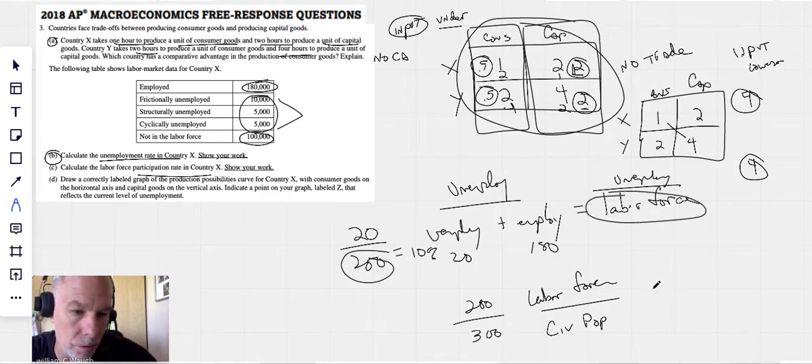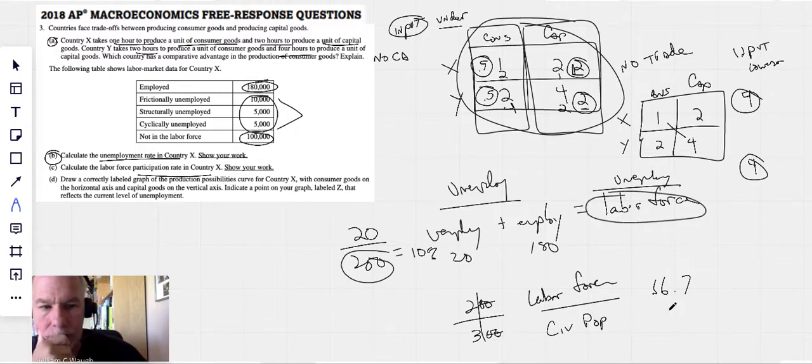Easy enough. So 66.7, 2/3, right? 2/3 there, so 66.7. Labor force. Again, not hard to figure out. Sometimes they play games with the words that make it a little more complicated, but just have a nice definition. You have to have this in your head to be able to use it effectively.